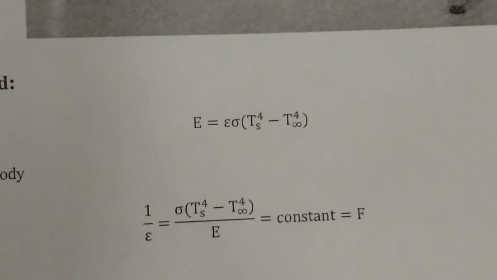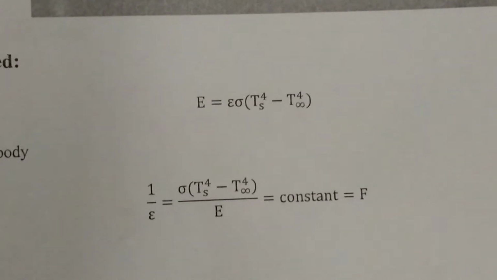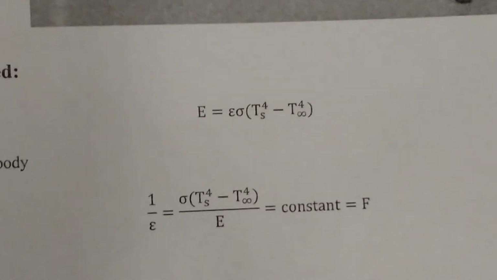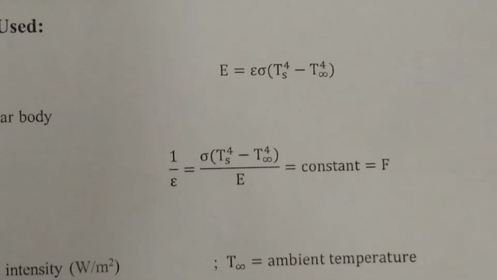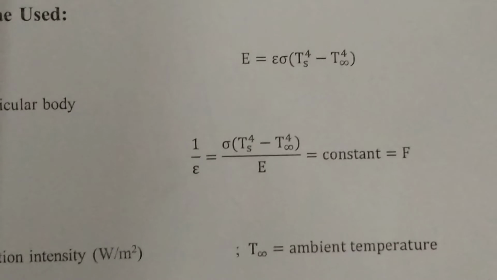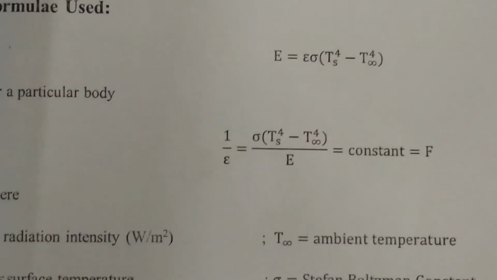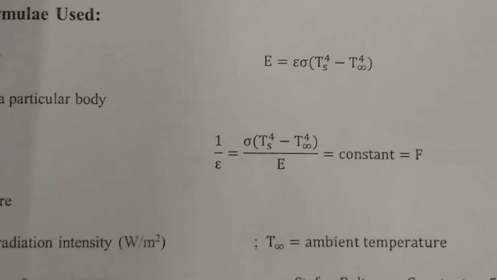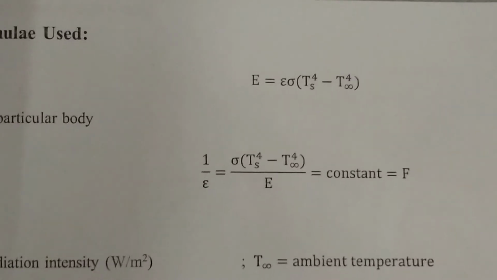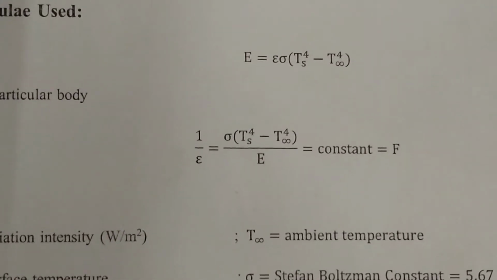I know the value of E, the radiations emitted by the surface, and I know the value of sigma. I can measure the surface temperature Ts and T infinity, and from here I can calculate the emissivity of the surface. That's actually very small, so I will measure the value of 1 over epsilon. That should be approximately constant over the range of temperature we will measure. Though there's a bit of effect of temperature on it, we can assume in our readings that it is approximately constant.